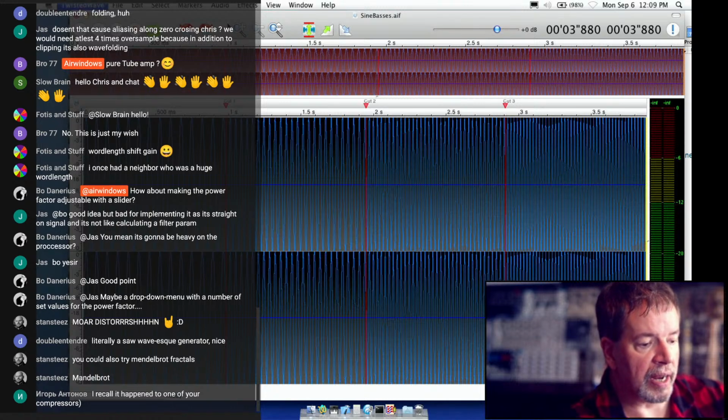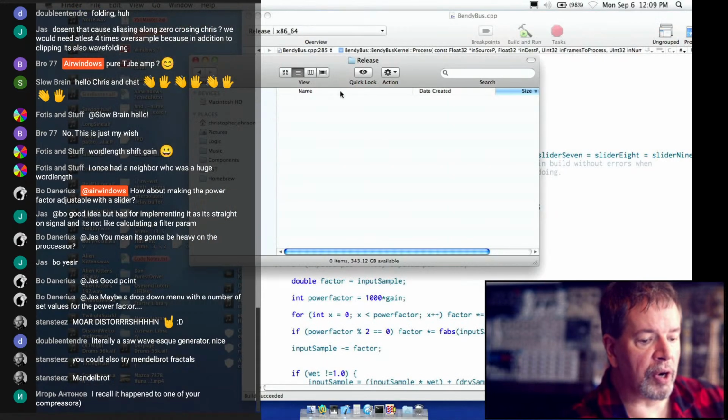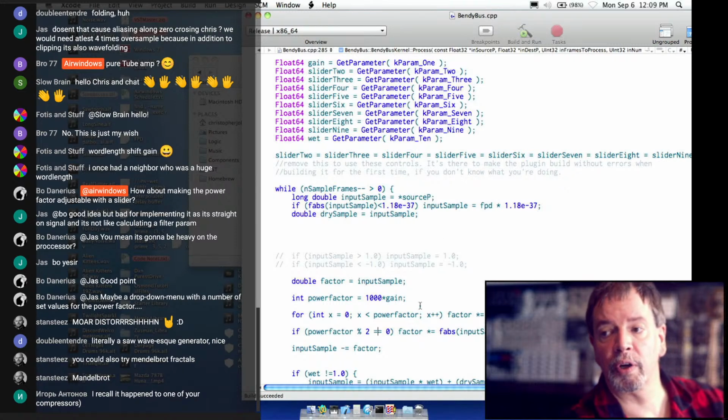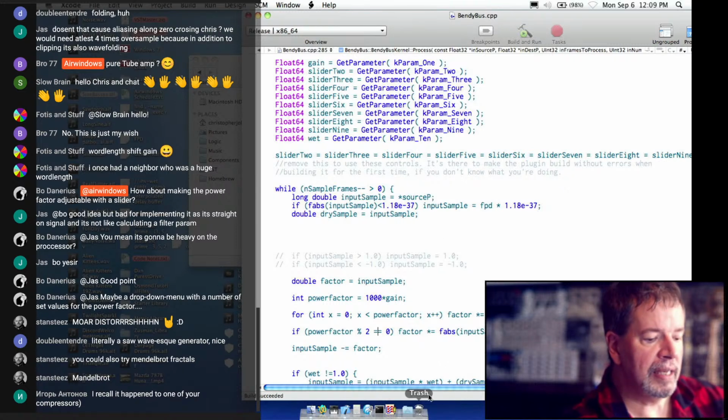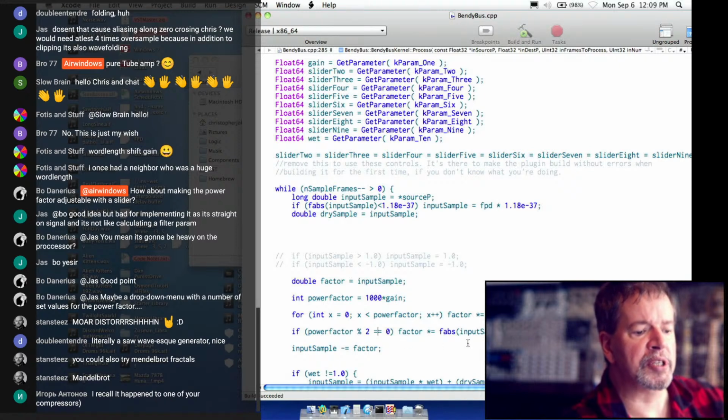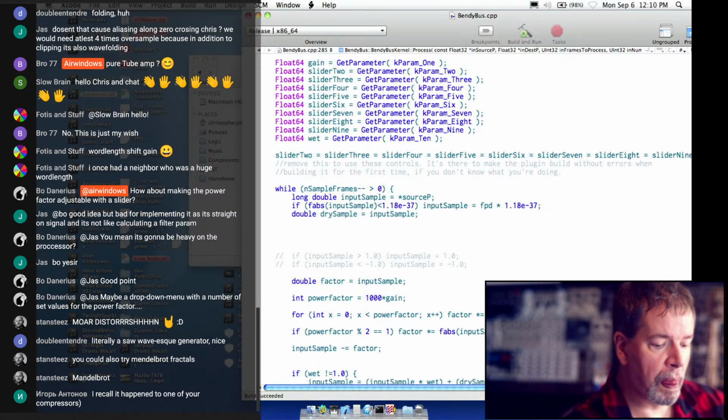So what I've got here is a thing where all of the settings of this control are going to be asymmetrical. But I think that it's actually better to have it be symmetrical for this. And that's going to give me that. If the modulus factor tells me it's an odd number, now we switch it from asymmetrical to symmetrical, or vice versa.